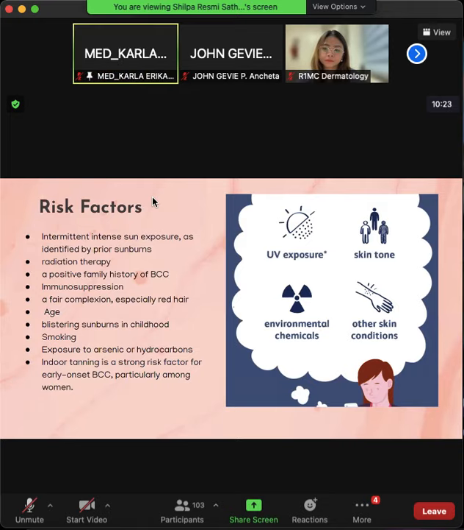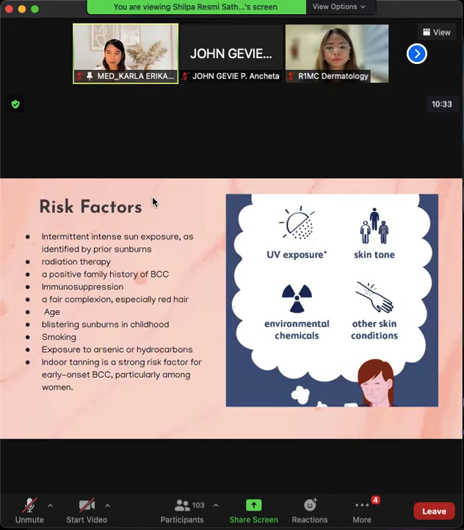And the next risk factor is a positive family history of BCC, and the next is immunosuppression. So taking a medication that suppresses the immune system, such as anti-rejection drugs used for transplant surgery, significantly increases the risk of BCC. And next is a fair complexion, especially red hair.